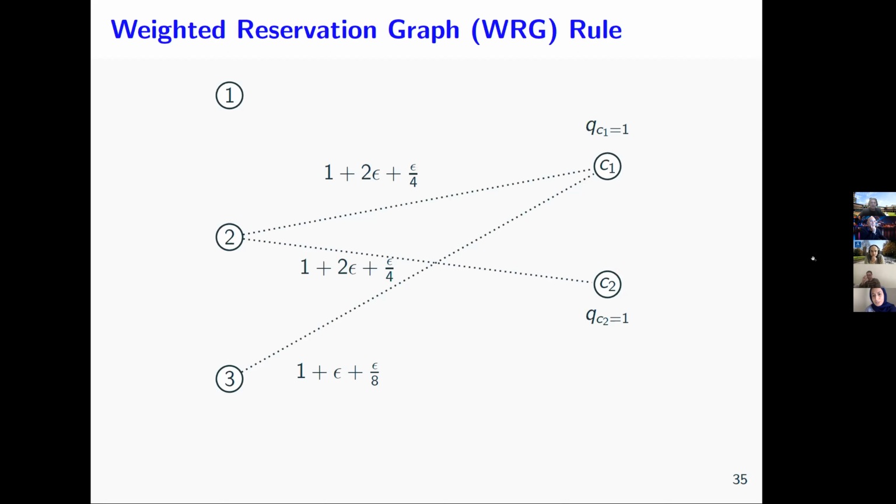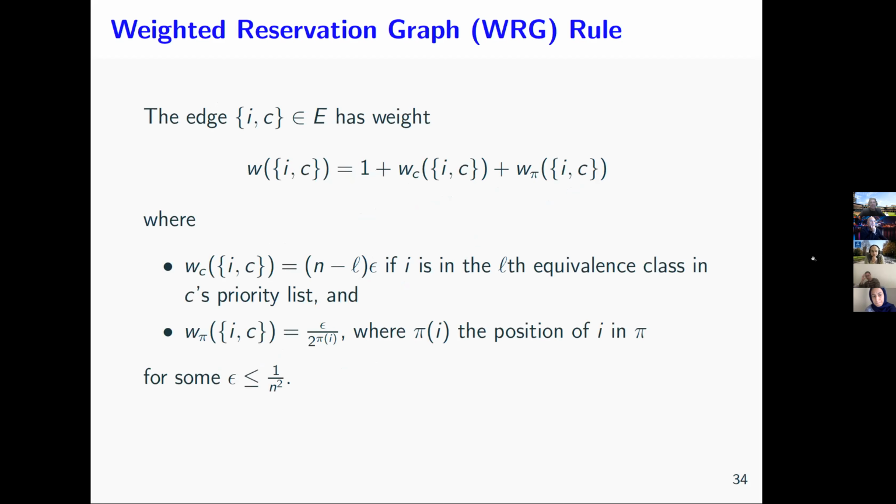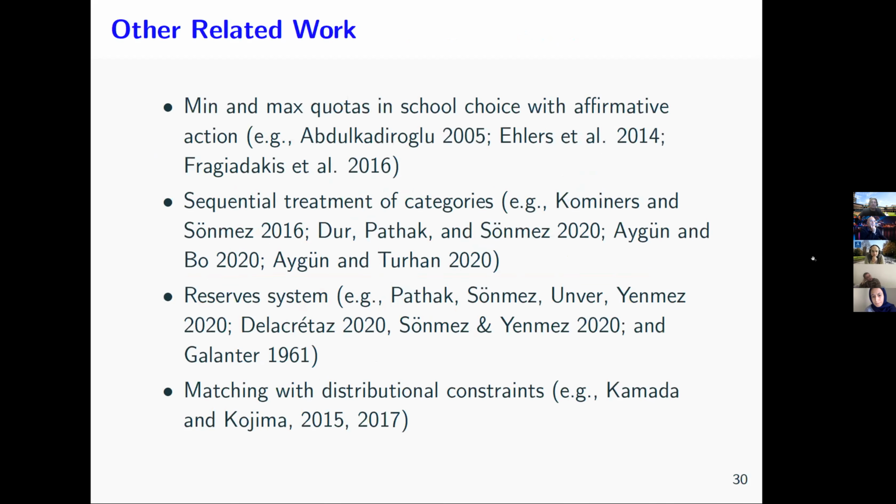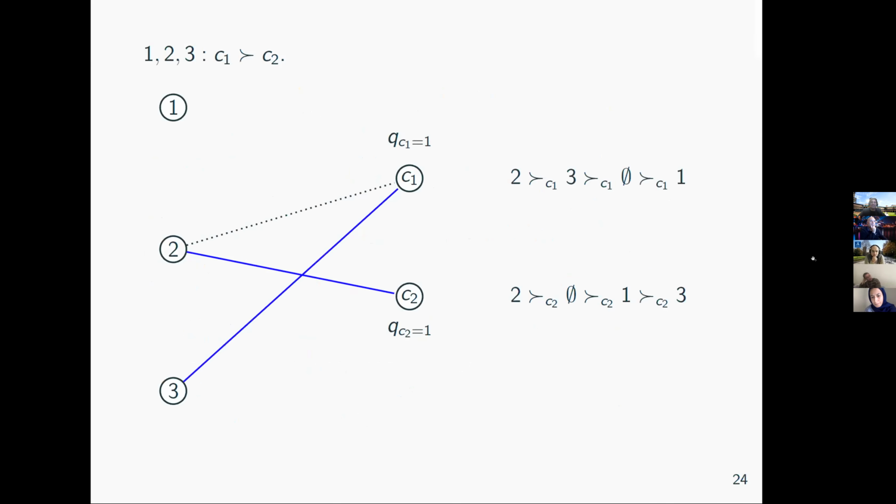Why agent 3 has a contribution of epsilon rather than 2 epsilon is because you have 3 agents. So if you see (n minus L) times epsilon, you have 3 agents, and agent 3 is, let me just go back a bit. Agent 3 was pretty low in the category, right? It was pretty low in C1. It's second in the list. So for that reason, it's getting an epsilon rather than 2 epsilon.